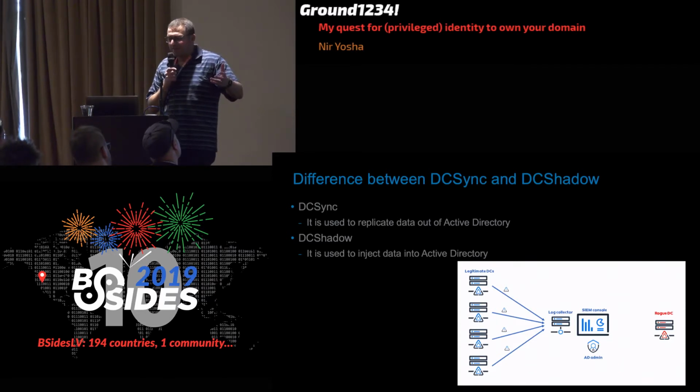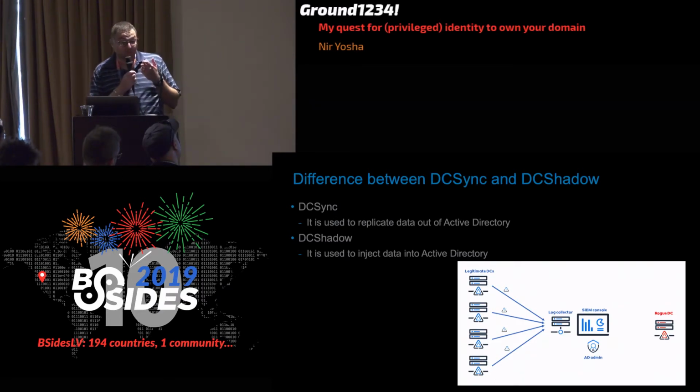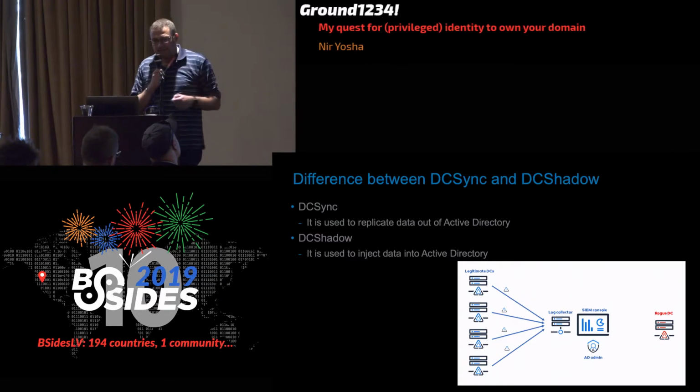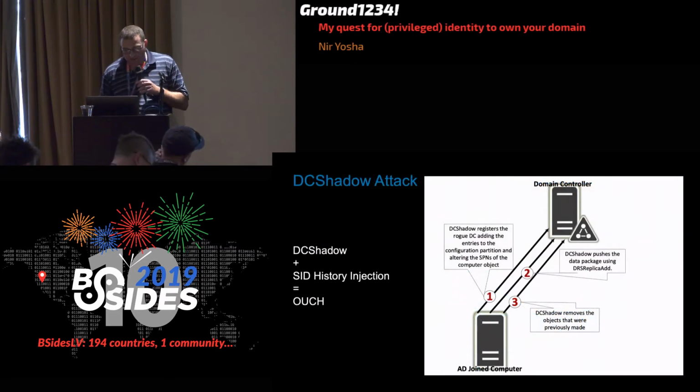If I have a rogue domain controller, I can either push some bad object into the network, or I can pull some cool information from it and use it. So DCSync is me replicating the data to my rogue domain controller, and DCShadow is me injecting basically backdoors that later on can be used.